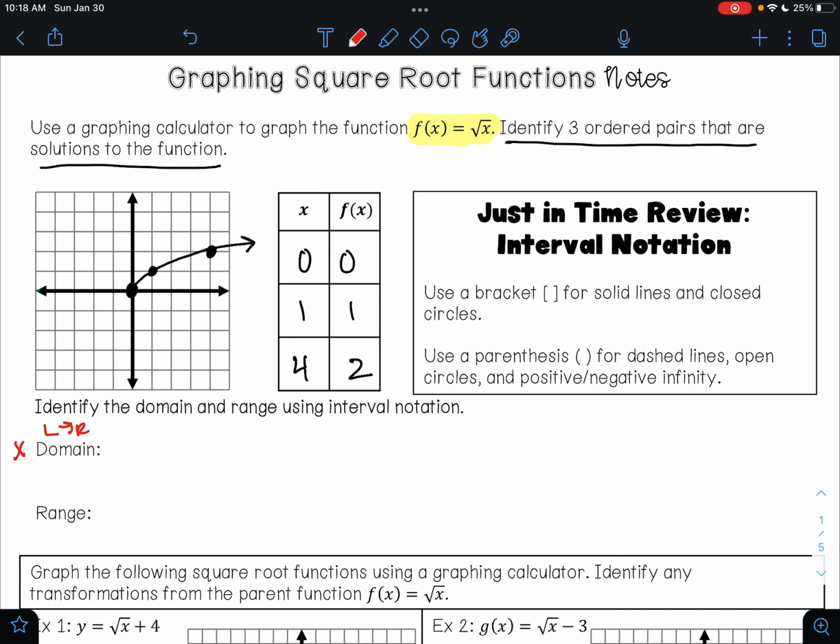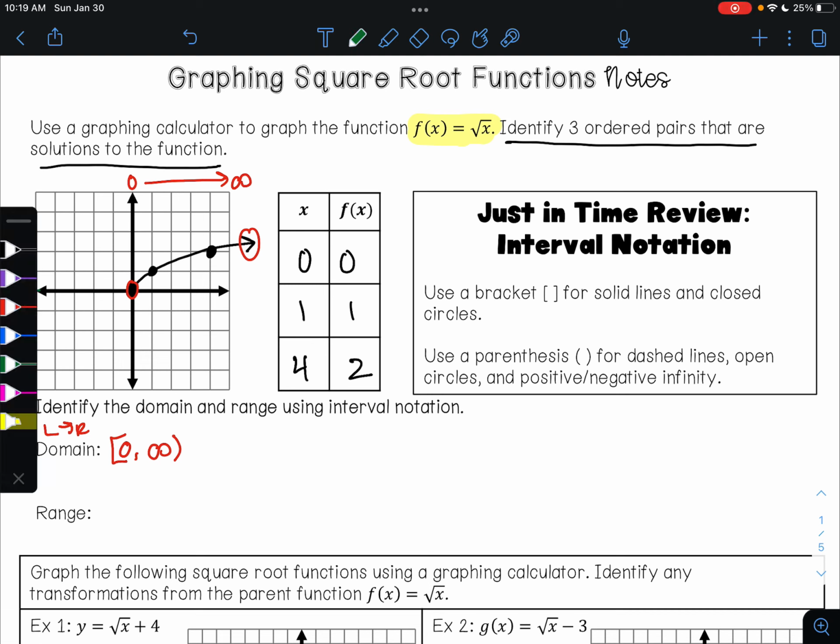My furthest point to the left is this point right here. This is where x is 0. My graph is going to the right forever, so that's going to positive infinity. So my domain from left to right is from 0 to infinity. 0 will get a bracket because it's a closed circle. Infinity always gets a parenthesis.